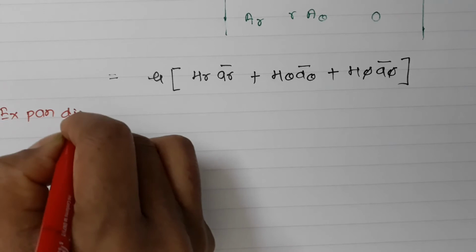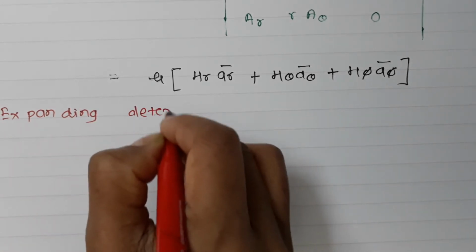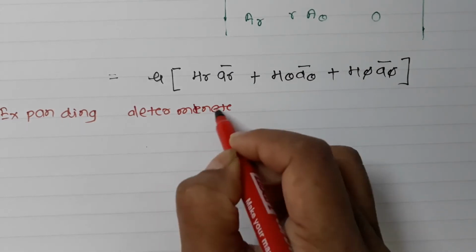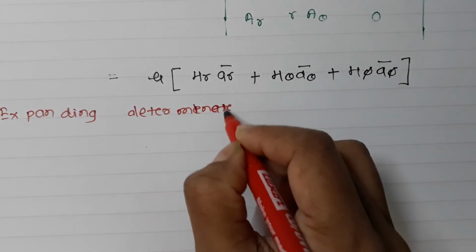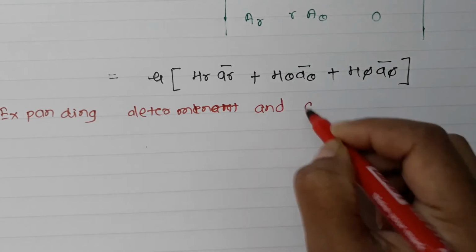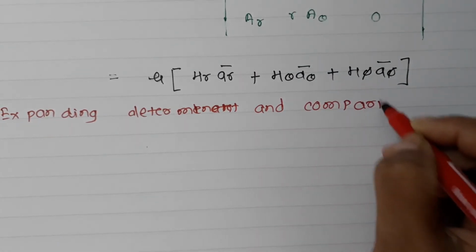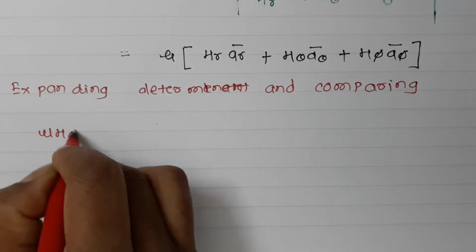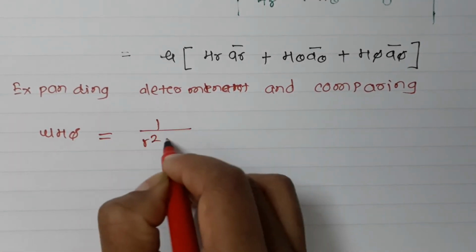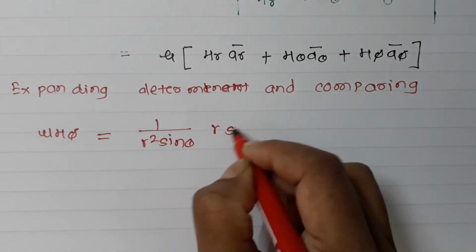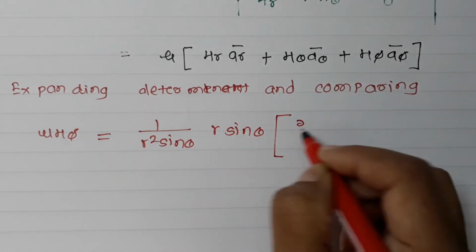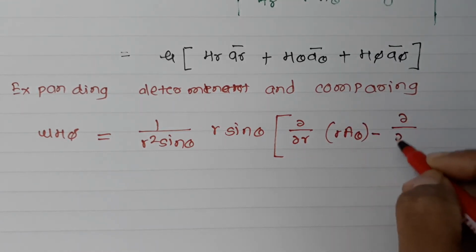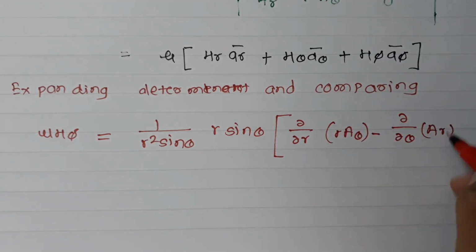Now expanding the determinant and comparing coefficients, we can get another term over here, that is mu h phi is equal to 1 upon r square sine theta, r sine theta d by dr, r a theta minus d by d theta ar.